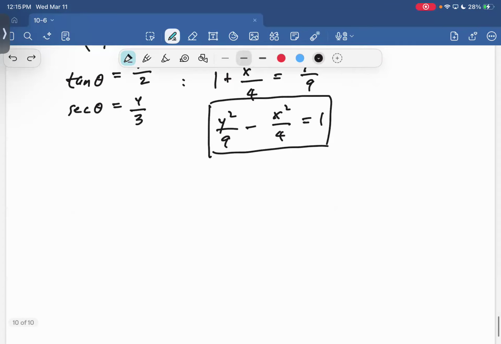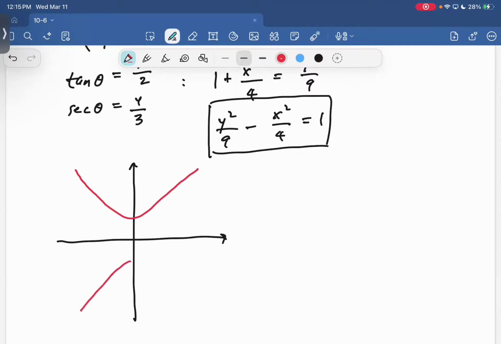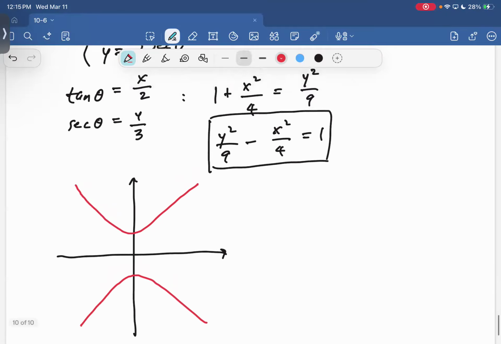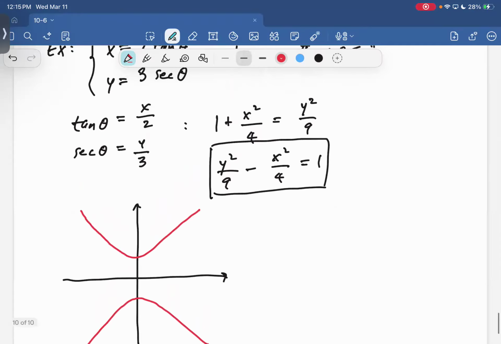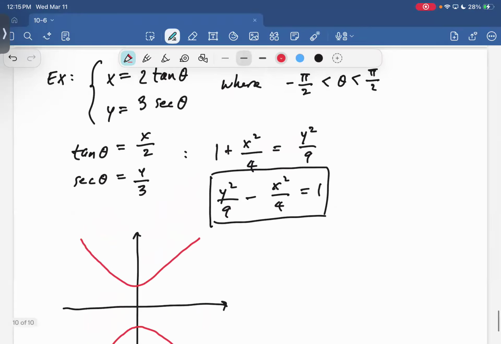Okay, so we could graph the hyperbola, and if we graph the hyperbola, we would get something like this. Okay, would that be correct? It would not be correct. Because as we said, theta is limited between negative pi over 2 and pi over 2.